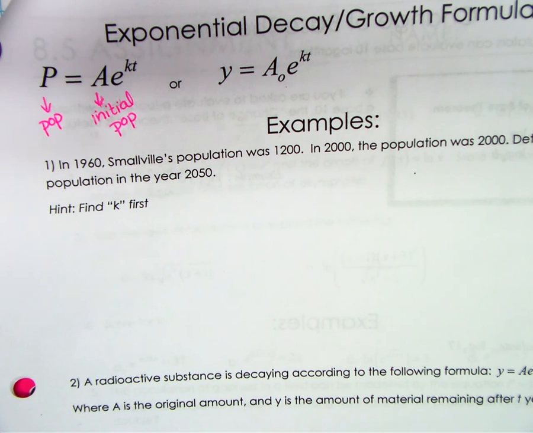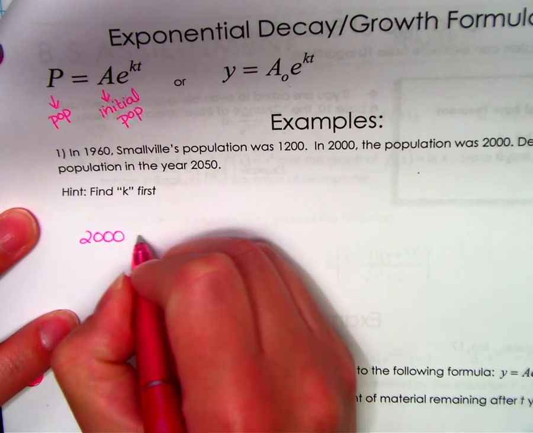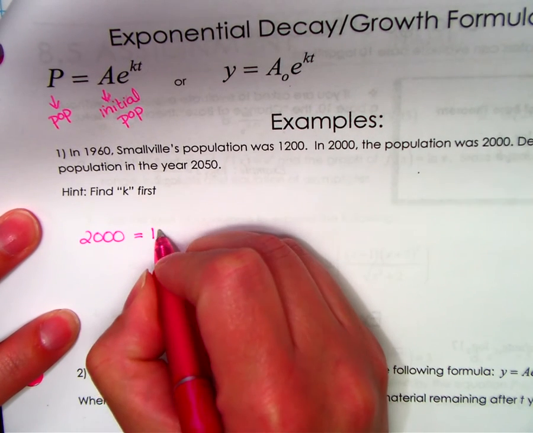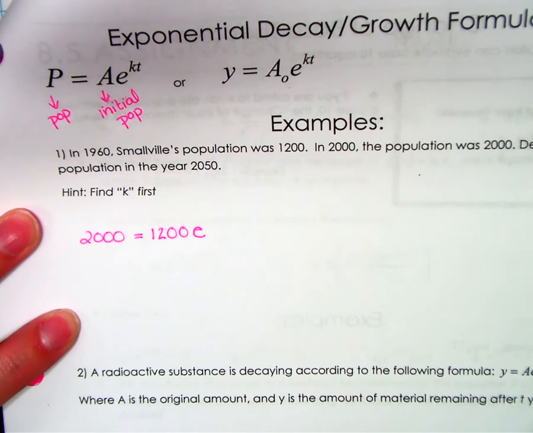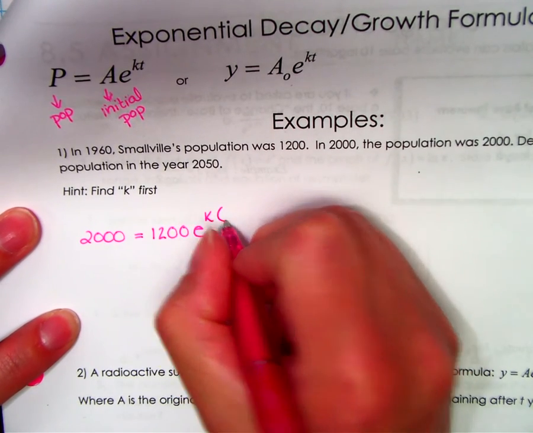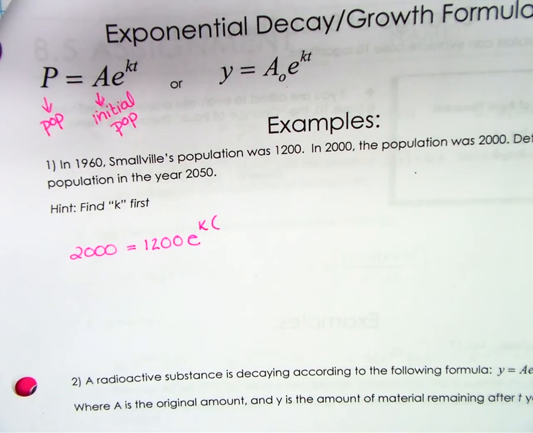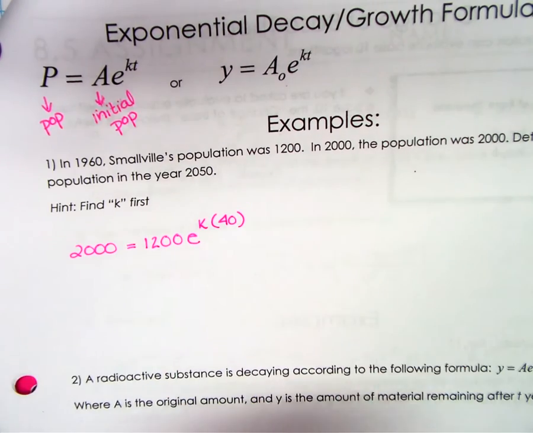Okay, so we've got some information here, and we need to solve for the coefficient K. So we know that the population is 2,000. The initial population would be 1,200. We know E is just a number. We're trying to solve for K, and what is T? How much time has passed? 40.